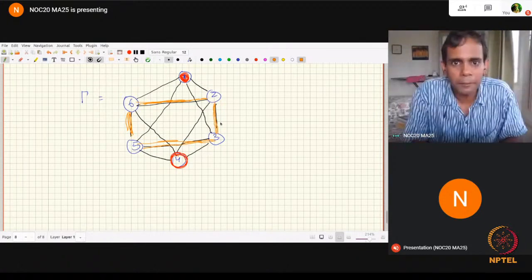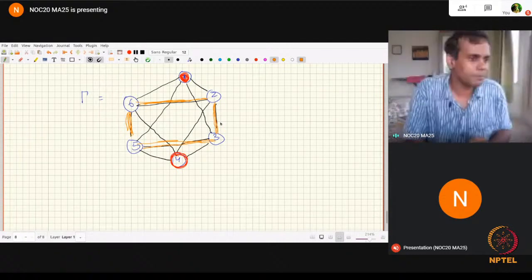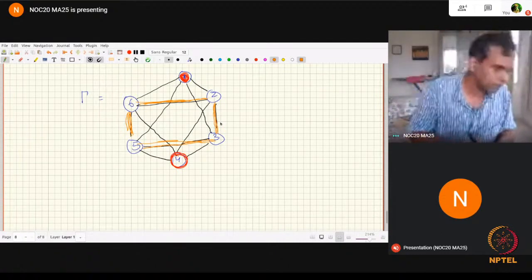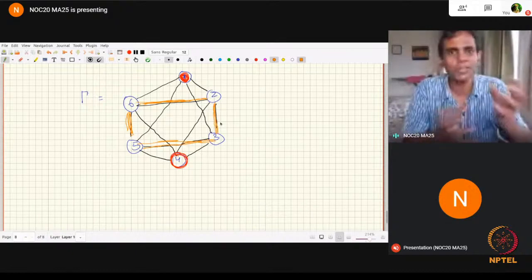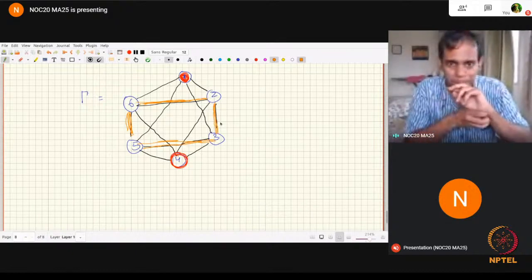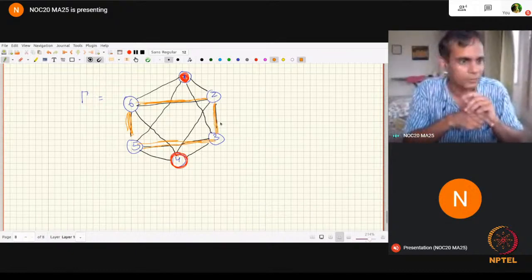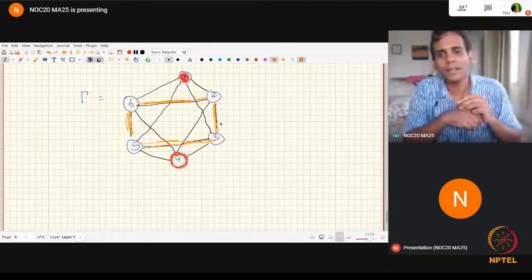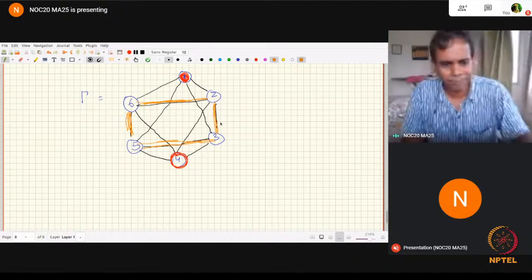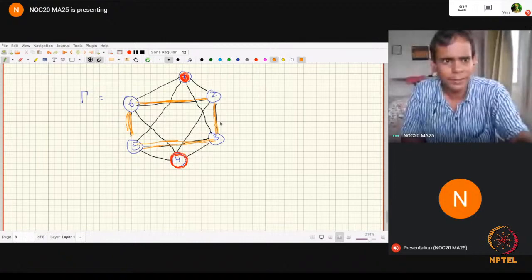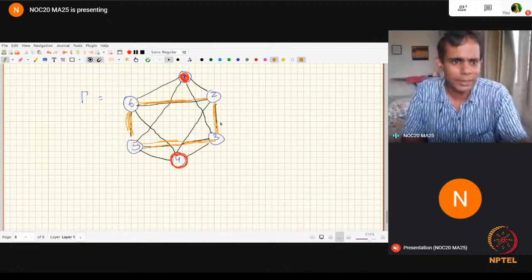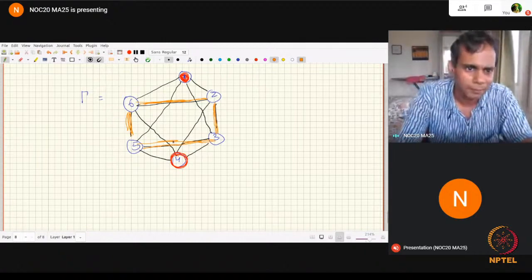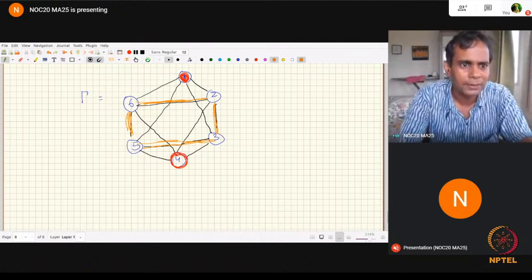If you imagine this to be 3-dimensional, I wish I had a model of an octahedron somewhere. Let me see if I can pull up a picture from somewhere.